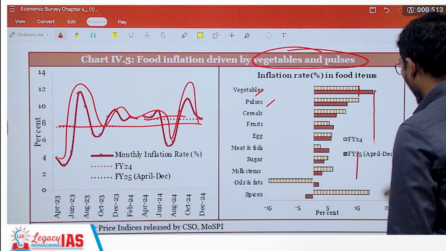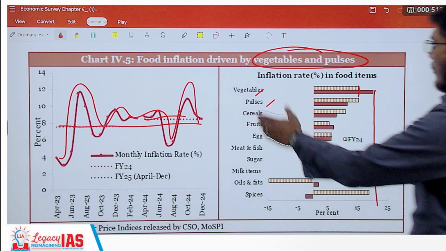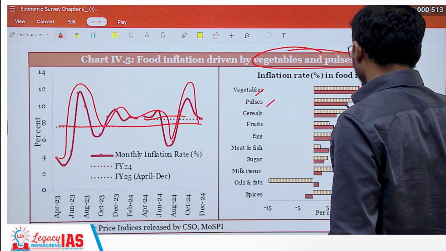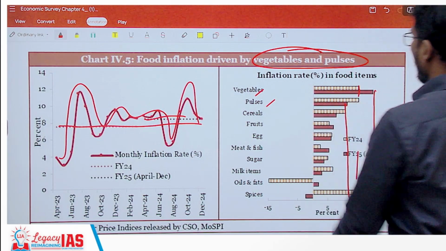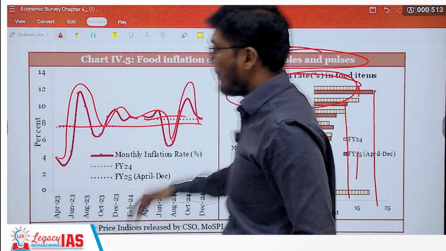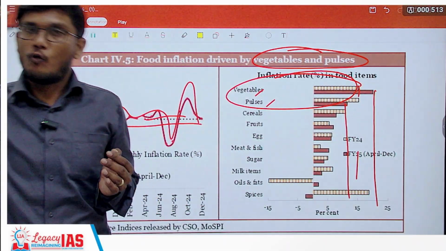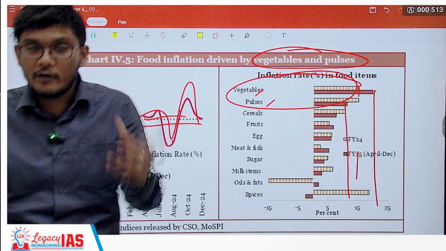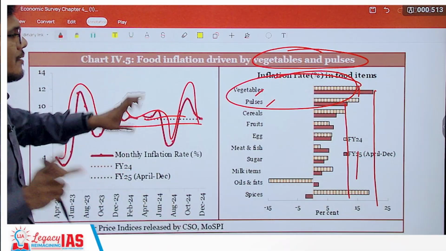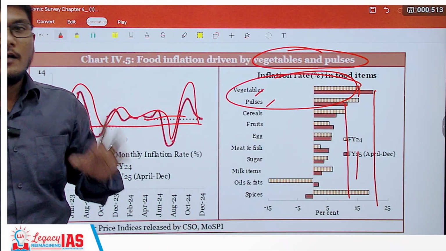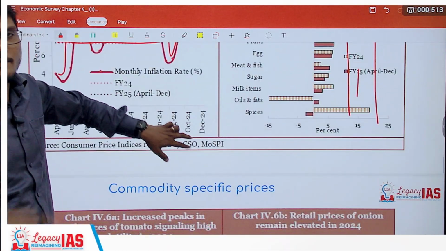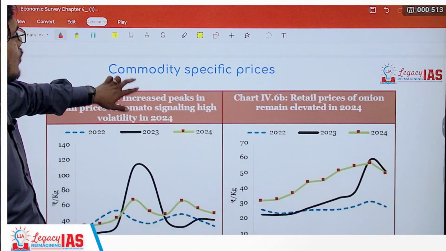Now it is about 20 or more than that. When it comes to pulses, it has reduced, but still it is close to 15. So these two are the major culprits. In inflation, food inflation is the major culprit, and in food inflation, vegetables and pulses are the major culprit, and that is why we see one of the steps taken by the government under the budget to address this.